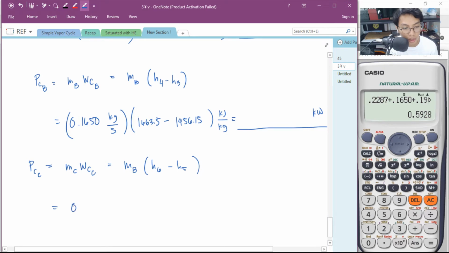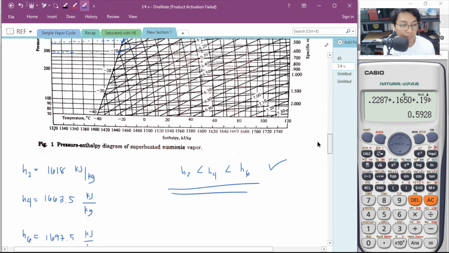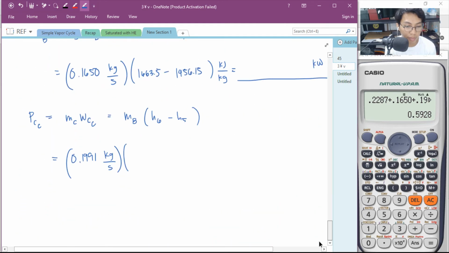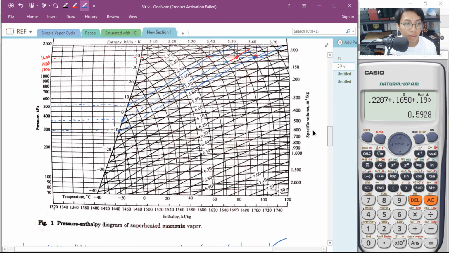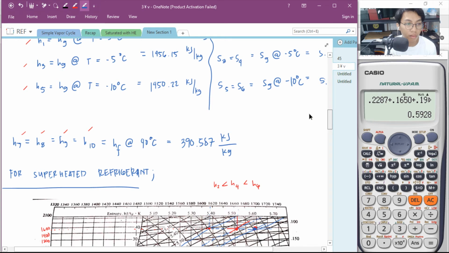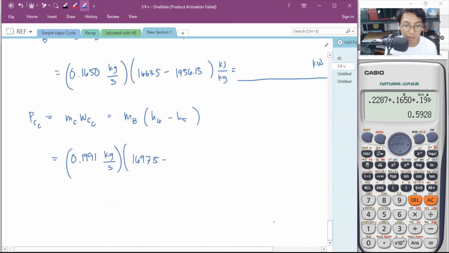This is 0.1991 kilogram in every second multiplied to H6, 1697.5, minus H5, 1450.22 kilojoule per kilogram, equal to kilowatts.